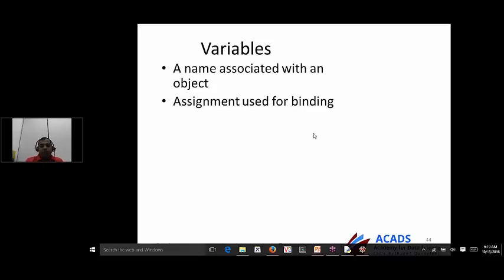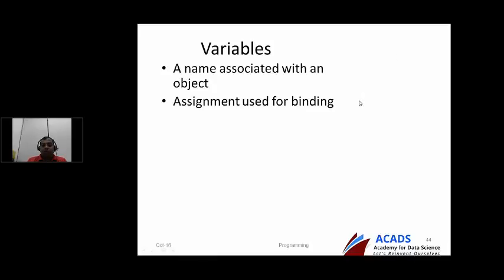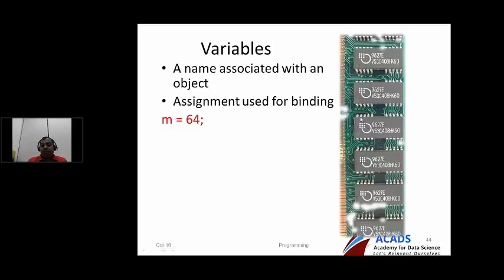Okay. So assignments are used for binding a value to a variable. For example, I can say m equal to 64. What happens whenever you write such a statement and execute it? It's like in the memory of the computer, a location is reserved for variable m. The location is big enough to hold the value on the right hand side. You can think of the name m now referring to the location.